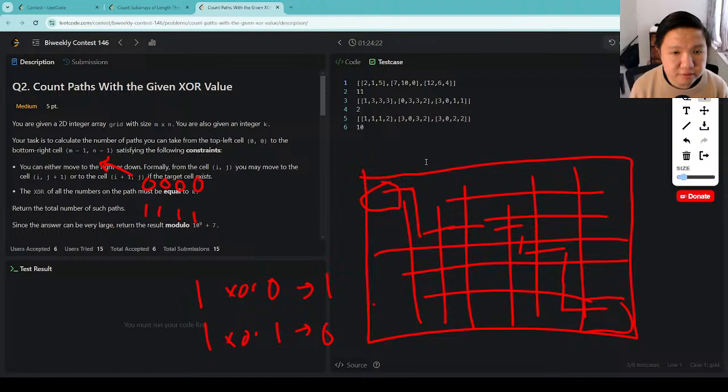Let's see. In fact, you can do this almost row by row. So you calculate the possible ways to get to each of the 16 states for all the squares across the row, and then you proceed down the rows.